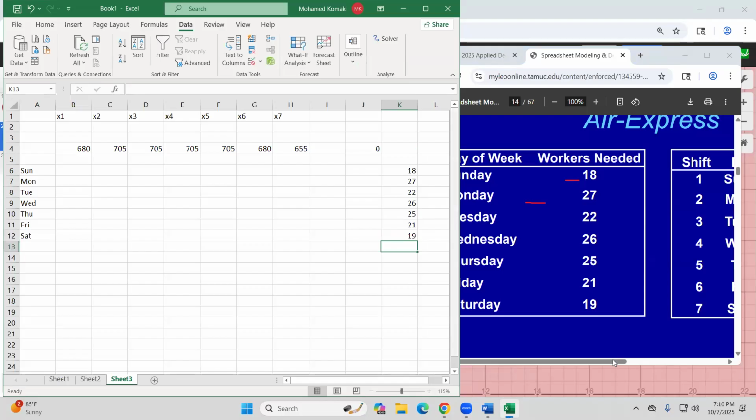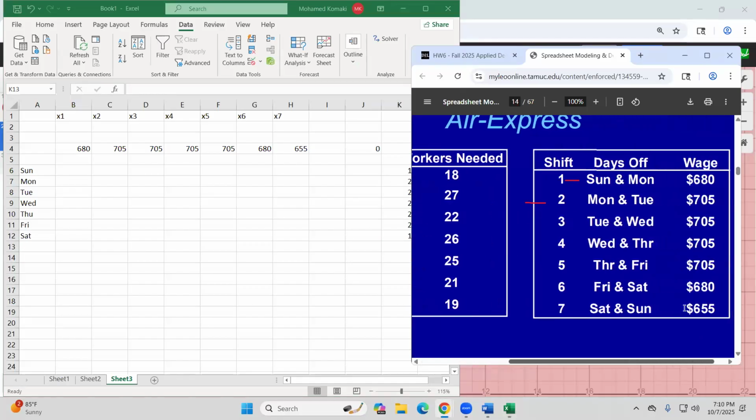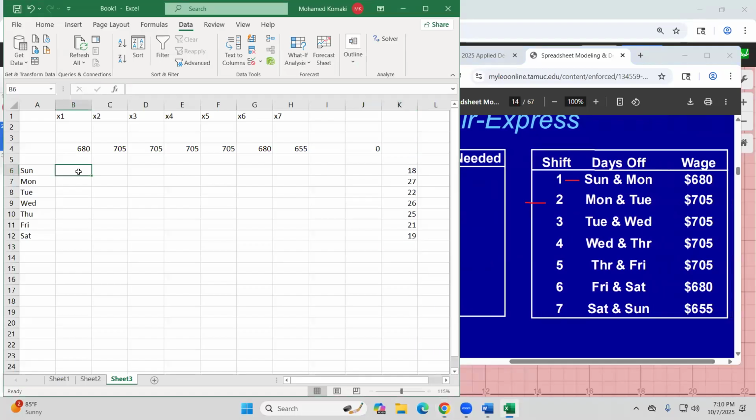So who can work on Sunday? Everyone except X7, so X1, X2 all the way to X6, right? Do you all agree? And on Monday, everyone works except X1 and X2. Do you all agree? So this is just the shift patterns, right?